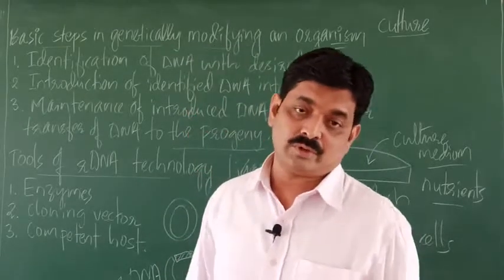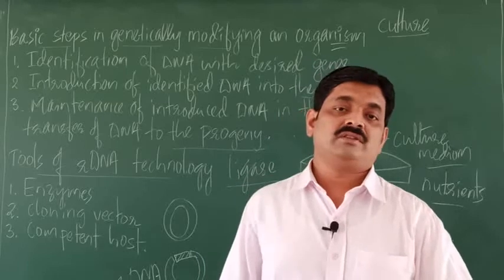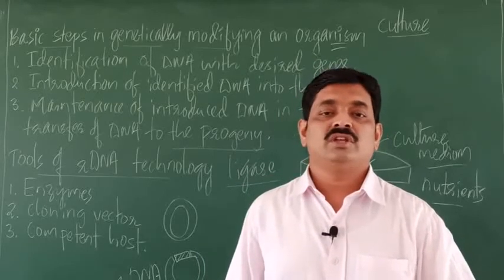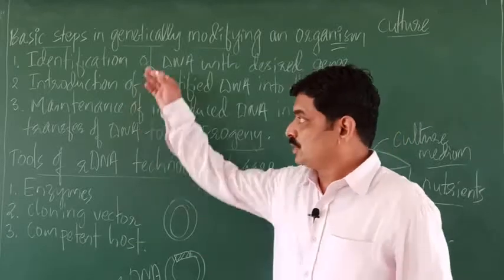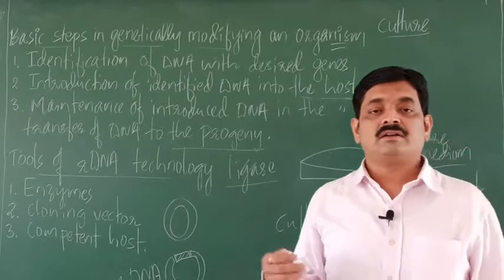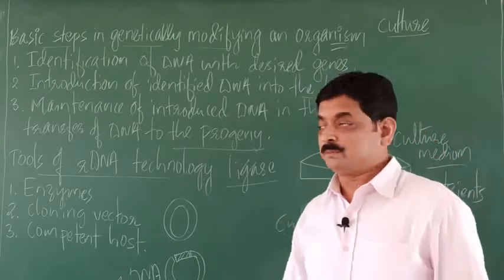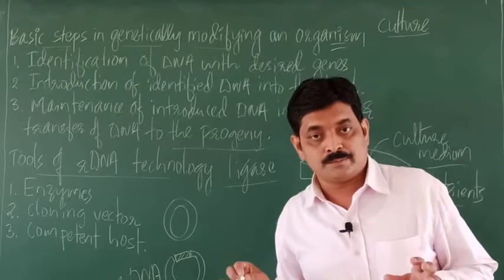So you may expect a question: explain or mention the steps in genetically modifying an organism. You have to write these 3 steps for a 3-mark question. I hope all the 3 steps are very much clear to you.